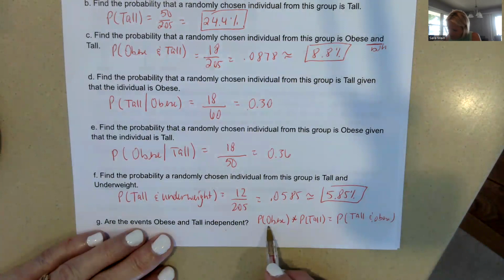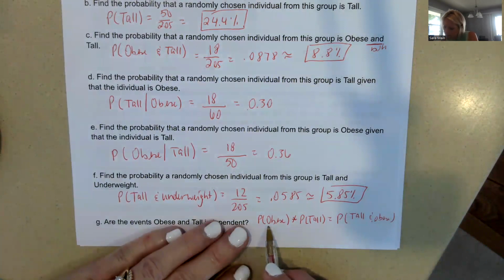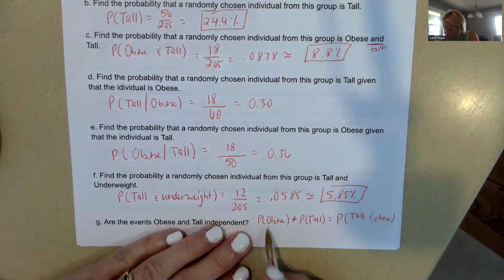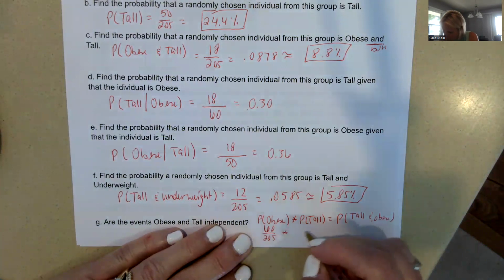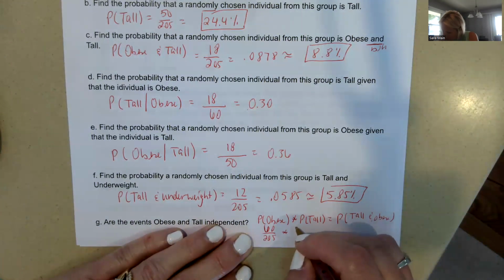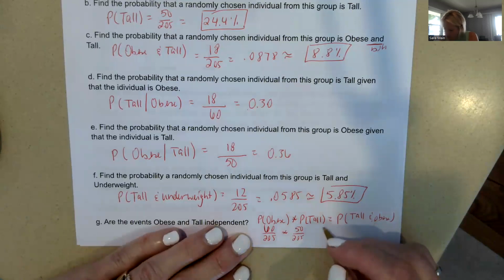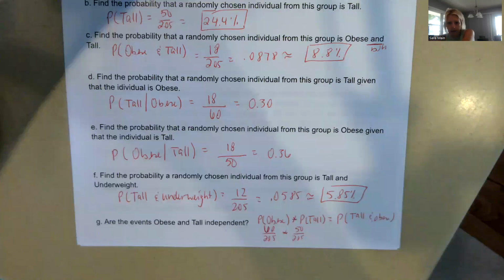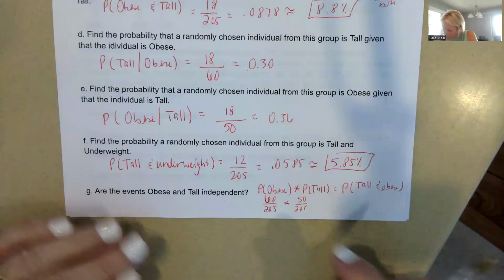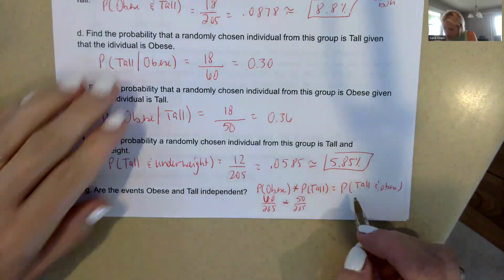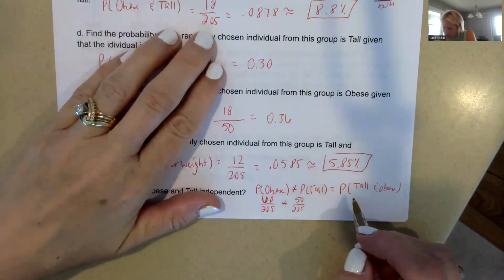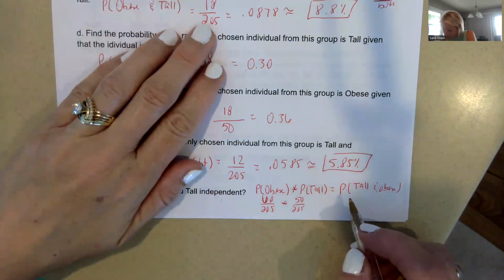So the probability of obese is 60 out of 205 times the probability of tall is 50 out of 205. And then we're questioning if that's equal to the probability of tall and obese. And that is 18 out of 205.